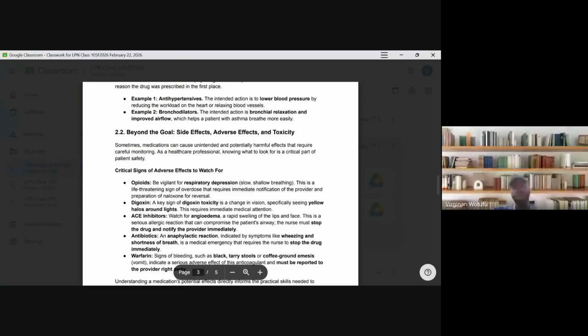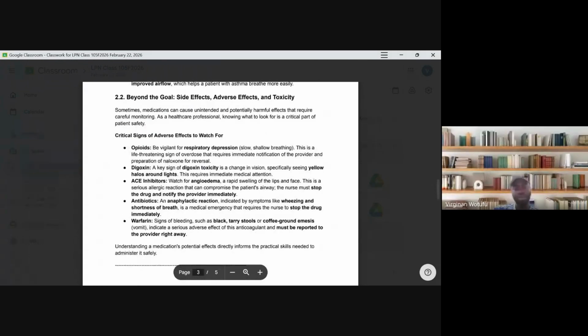Another, we have the common antibiotics. Antibiotics can cause anaphylactic reactions, right? With symptoms like wheezing and shortness of breath, which can lead to airway obstruction and hypoxia.